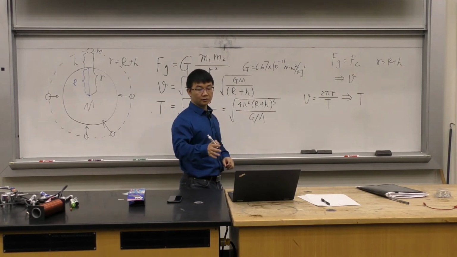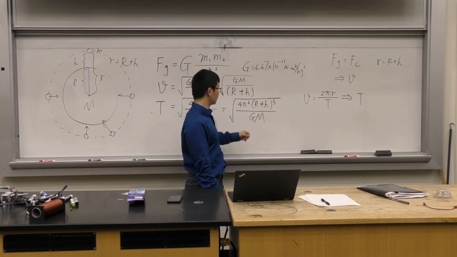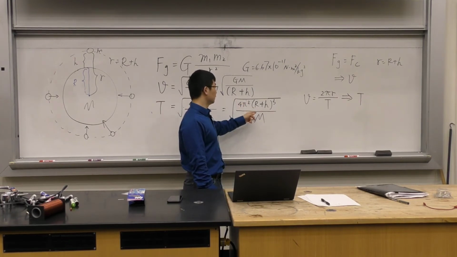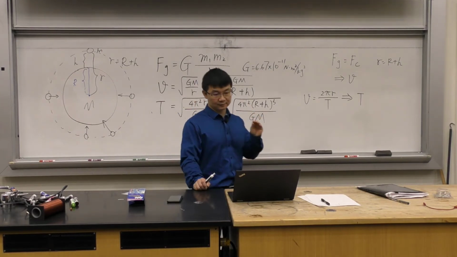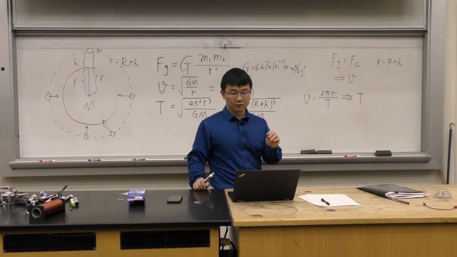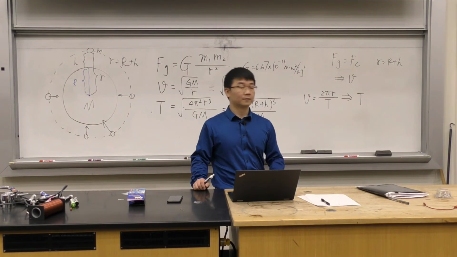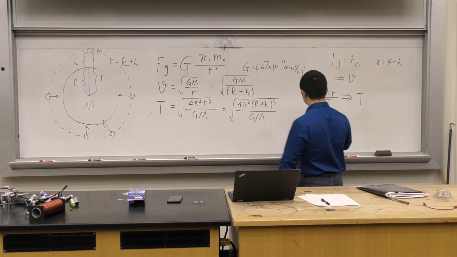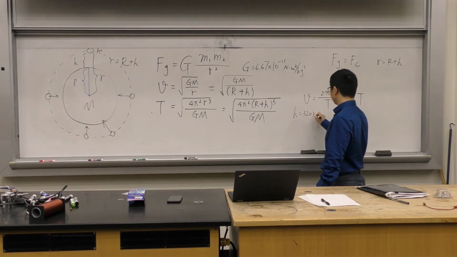It's orbiting the Earth, so the mass is going to be the Earth's. Big G is a constant, 4 pi is a constant, the radius of the Earth is a constant. So all you need is the height of the satellite. In this case, it's the space station, and the height is 320 kilometers, so the height is going to be 320 times 10 to the third meters.